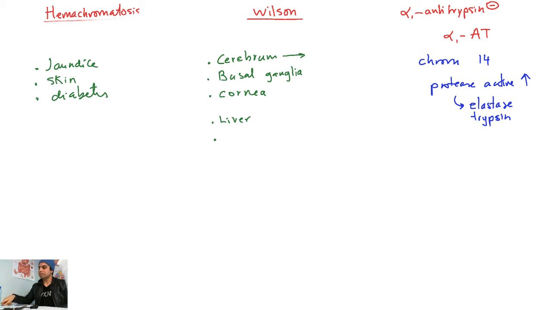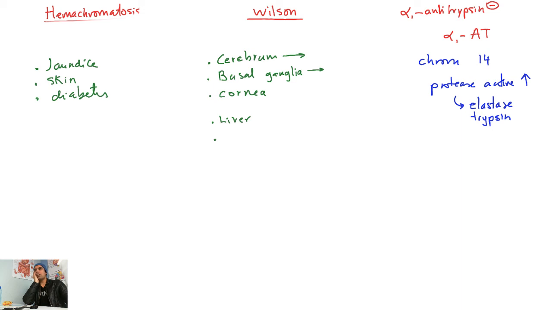Okay. Basal ganglia. Please know that basal ganglia has many nuclei. Let me give you the names. Putamen, P-U-T-A-M-E-N, globus pallidus, and caudate nucleus, C-A-U-D-A-T-E.